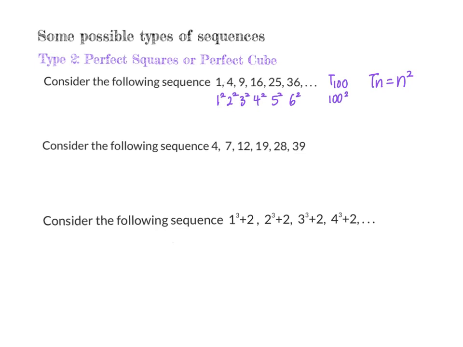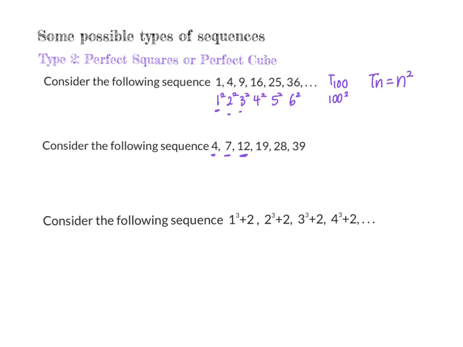So let's try a couple of perfect squares. 1 square, how do I get 4 from 1 square? Not very sure. Never mind, let's take a look at 7. How do I get 7 from 2 square? 2 square is 4. 4 plus what will give you 7? Then how do I get 12 from 3 square? 3 square is 9. 9 plus what will give you 12?